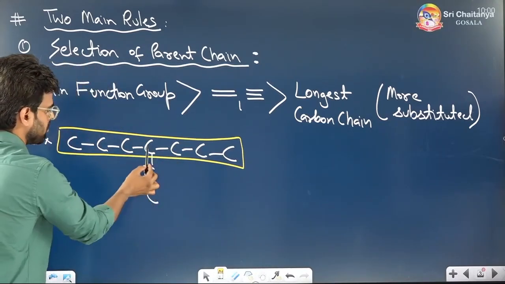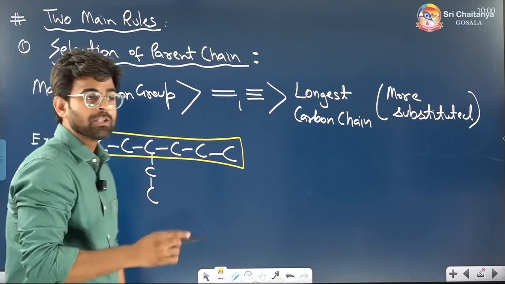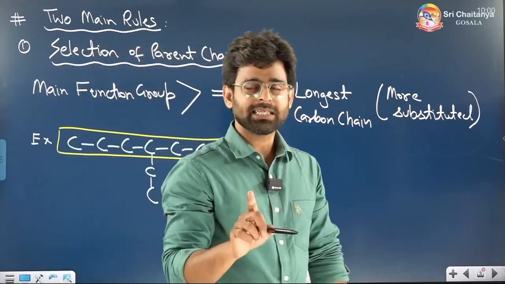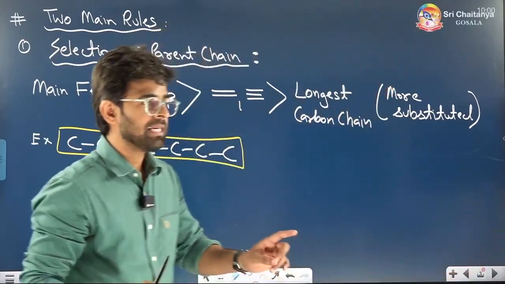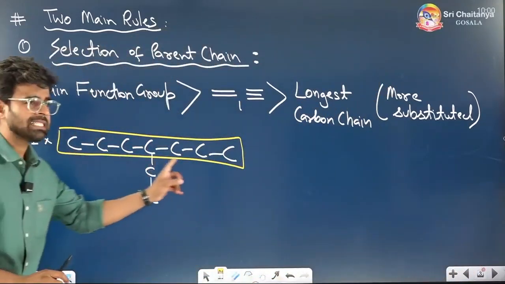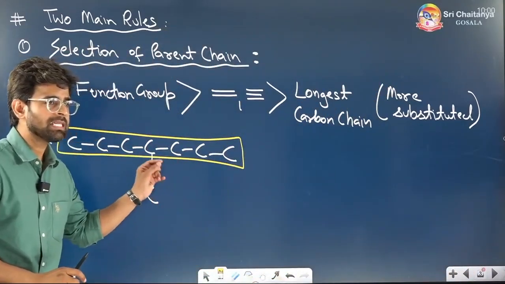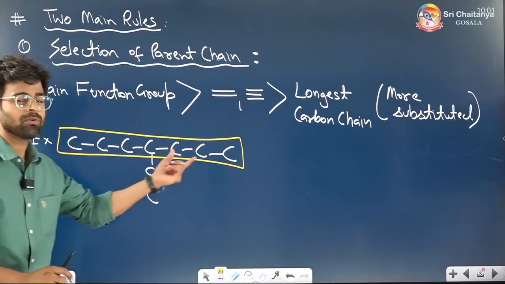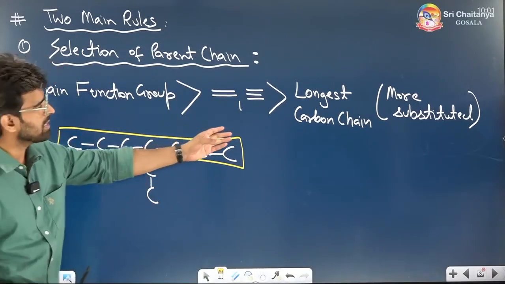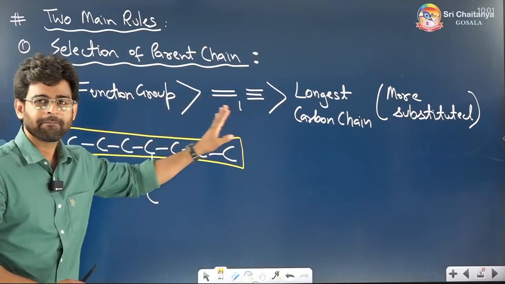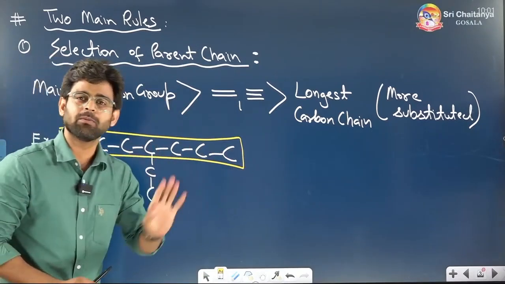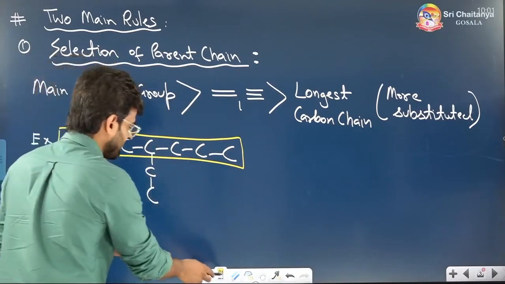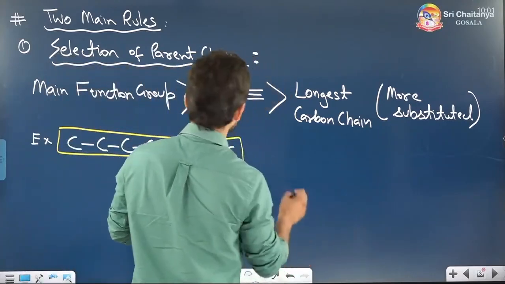So I should take the chain containing more carbons as my main chain, right? In this there is no pi bond, so we will not think about these things. Here, length is more important. Fine. Next, look at this carefully.